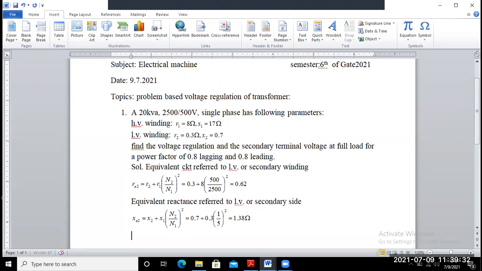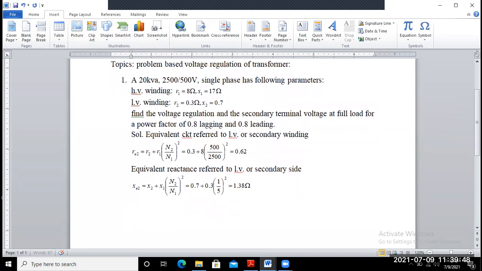Now just find out the full load current. So already power rating is given to you and secondary side voltage. If you divide the power rating by the voltage, you will get the current rating at full load.